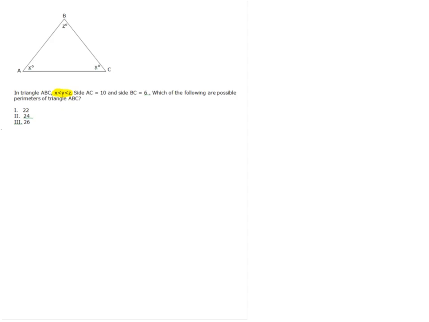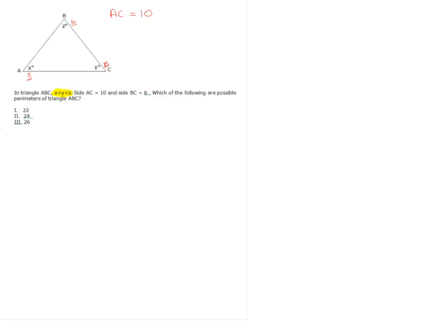So what's so important about this is that this is actually giving us the relative size of each individual angle. So what we know is that X is actually the smallest angle, so I'll put a little S next to it. Y is, we'll call it the middle angle as far as size is concerned, so I'll put an M, and Z is the largest angle. Now, as everyone recalls from what I just said, angles and opposite sides correspond. So that would mean that side AC is going to be the largest side, so we'll write it up here.